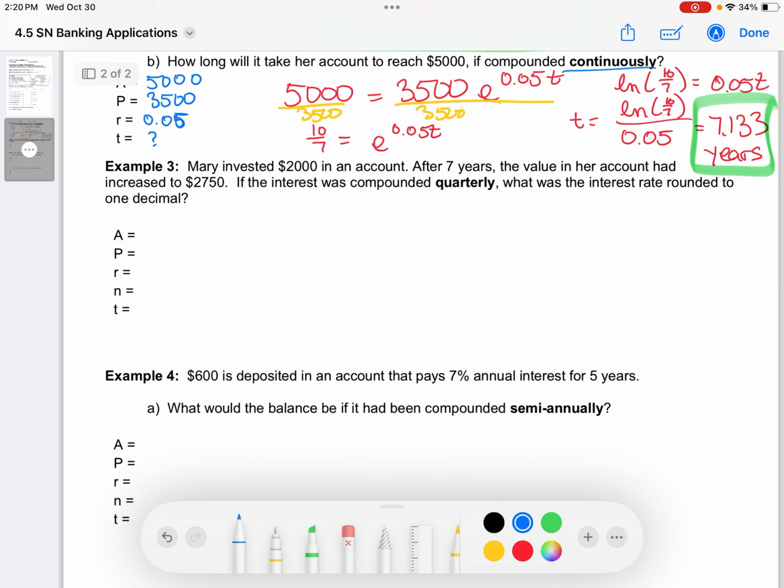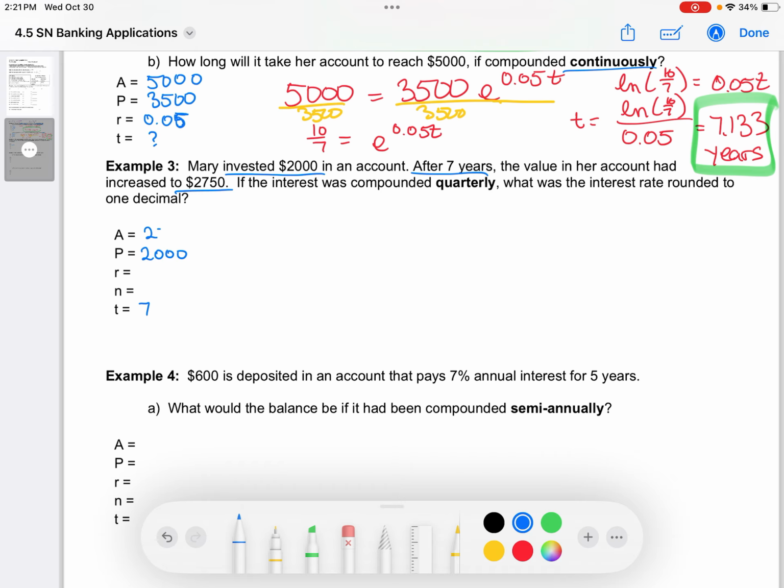Now, in example 3, we're investing $2,000. That's our P. After 7 years, that's T. Value was $2,750. Interest was compounded quarterly. That's 4. What was the interest rate?